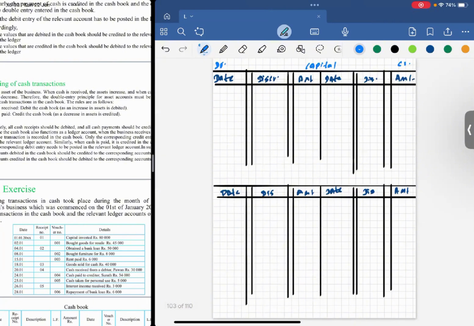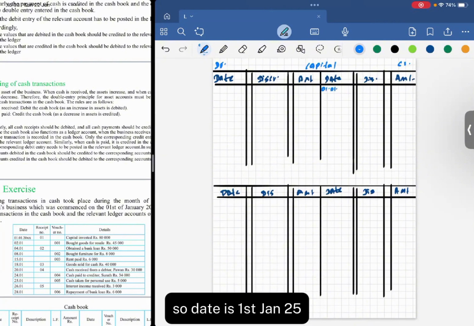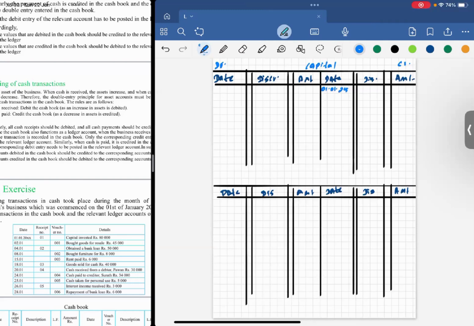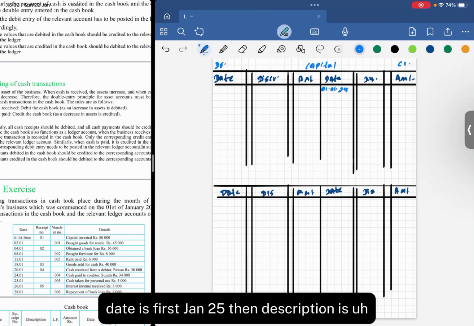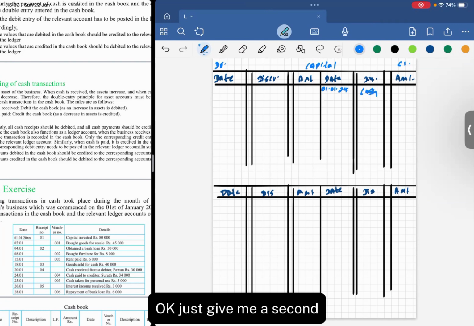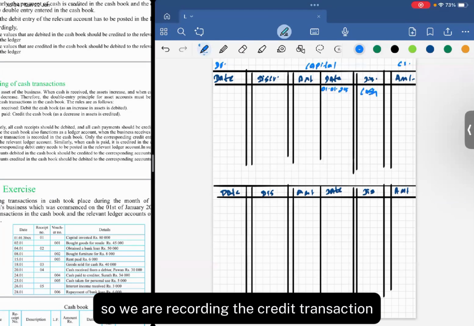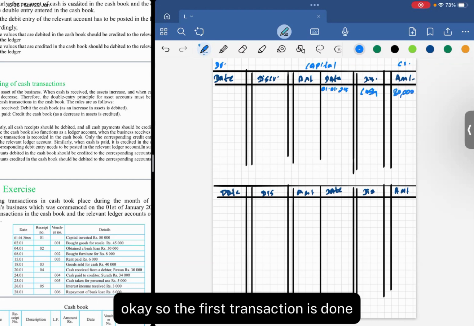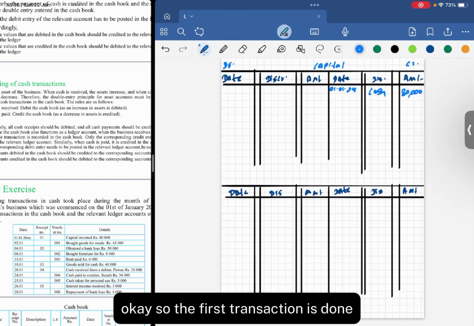Date is 1st Jan 25, description is cash, and amount is 80,000. So the first transaction is done.